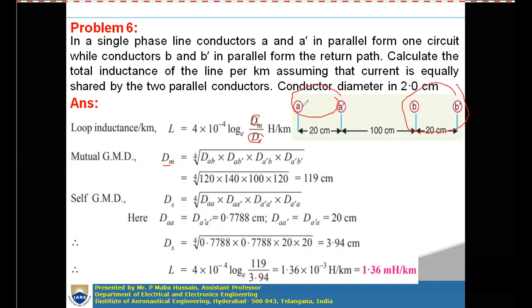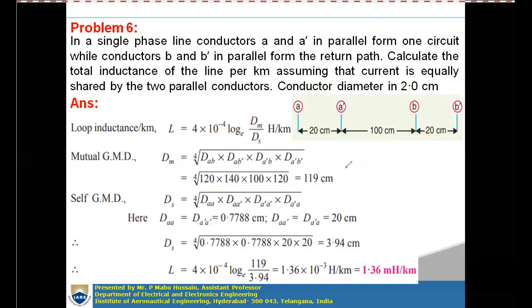If you consider conductor A in phase A, the mutual distances are DAB and DAB dash. This is one product. If you consider A dash, the mutual distances are A dash B and A dash B dash. So there will be 4 mutual distances.